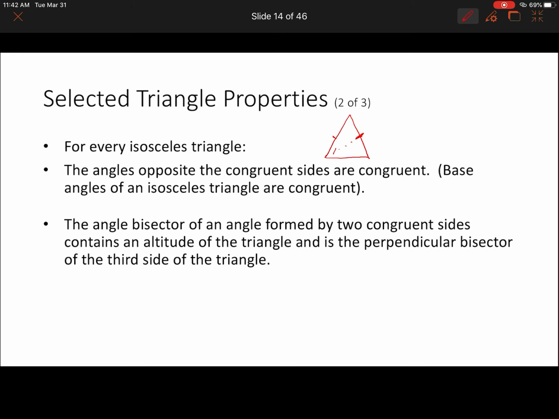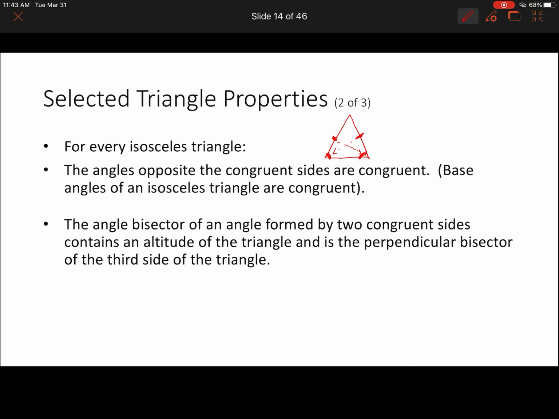Again, in an isosceles triangle, if this is isosceles, it says the angles opposite the congruent sides, so opposite of this side would be that one, and opposite of this side would be that one, are congruent.